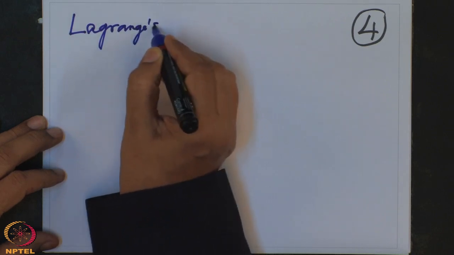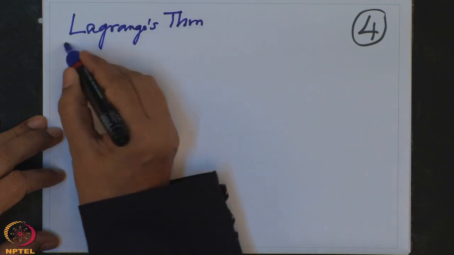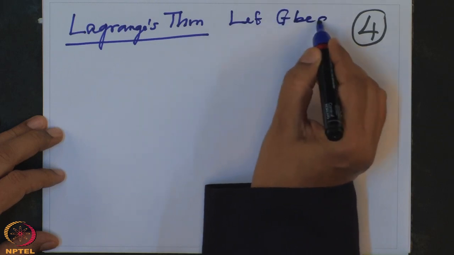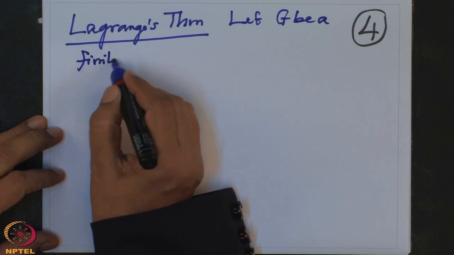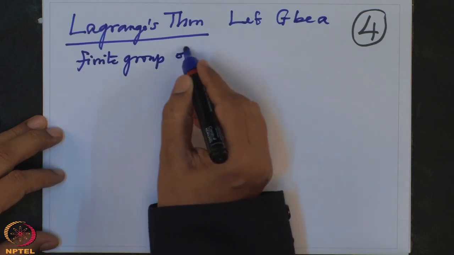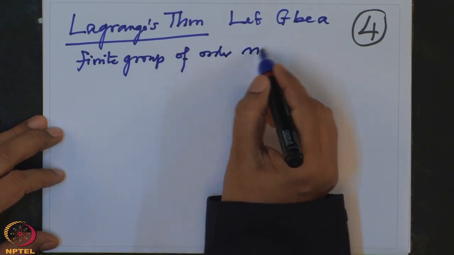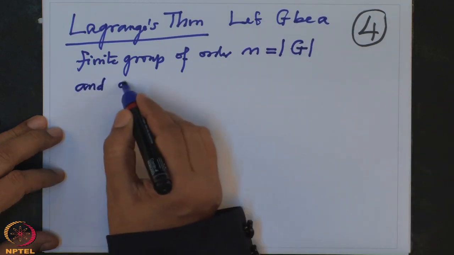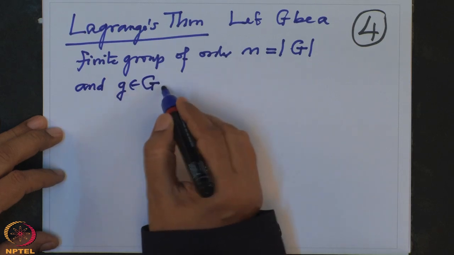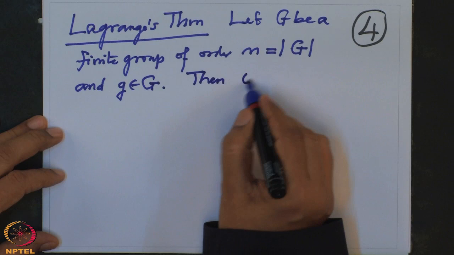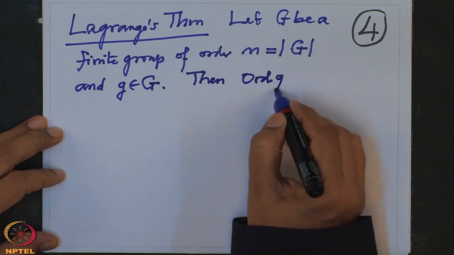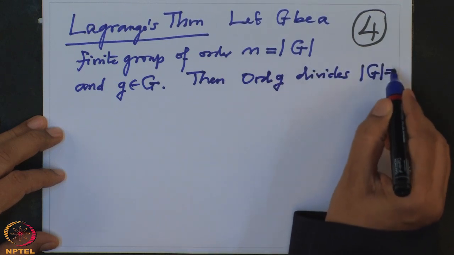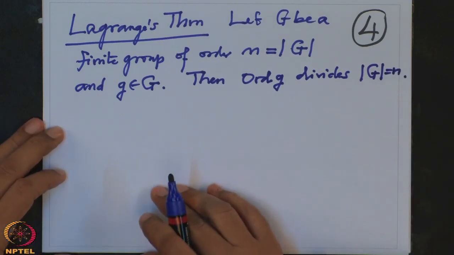So this is Lagrange theorem that says that let G be a finite group of order n, that is n is the cardinality of G, and g is an element in G, then the order of g divides the order of G, which is n. This is known as Lagrange theorem.